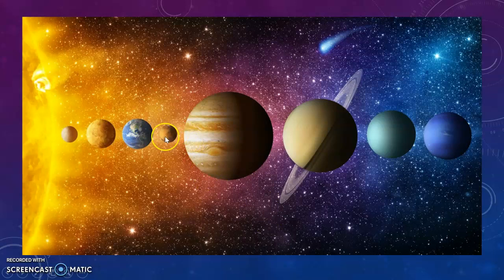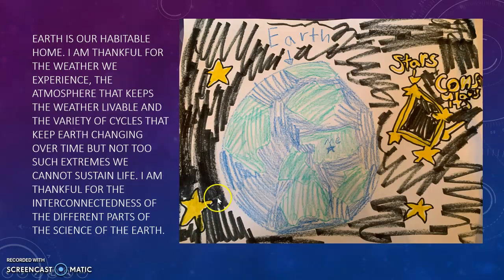Mars, which is rocky and much cooler than Earth. And then we have Jupiter, Saturn, Uranus, and Neptune, which are the Jovian planets. So they aren't going to sustain life because they are mostly composed of gases where we would not be able to live. So all in all, Earth is our habitable home.